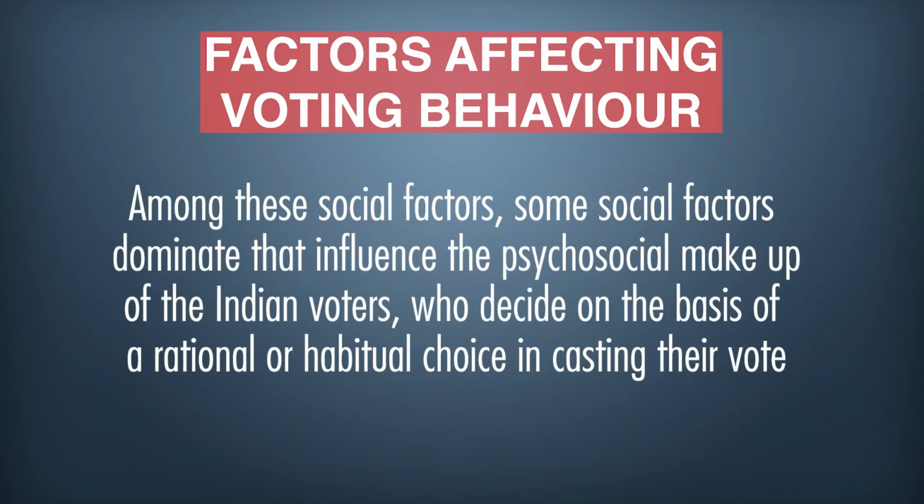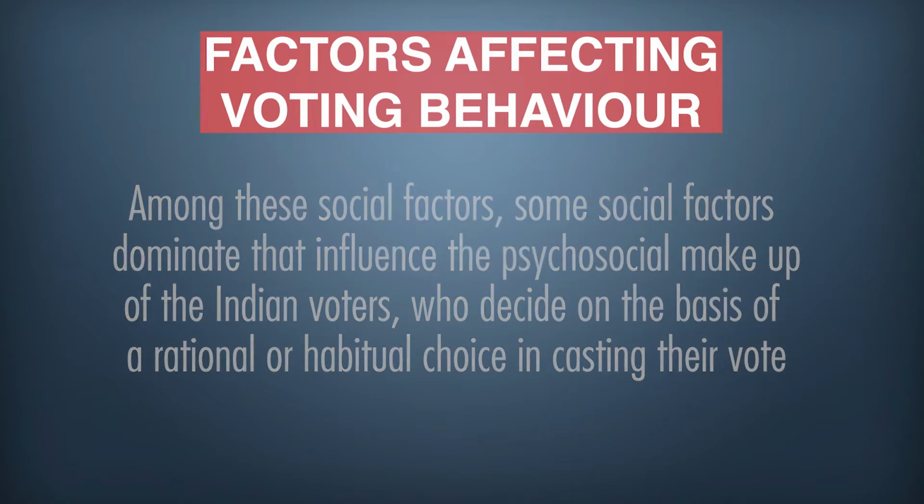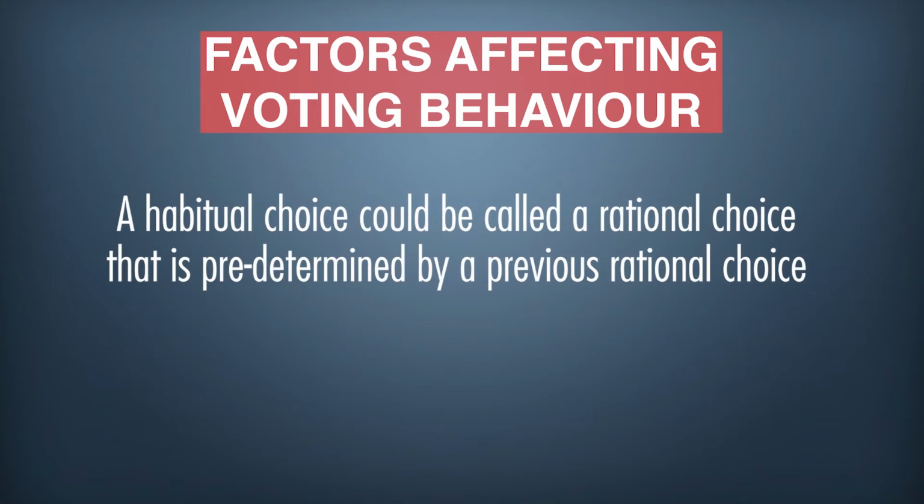Among these social factors which dominate and influence the psychology of voters, it is important to understand that voting is sometimes a rational choice, sometimes a habitual choice, and sometimes an emotional matter. A habitual choice could be a rational choice that is predetermined by a previous rational choice.